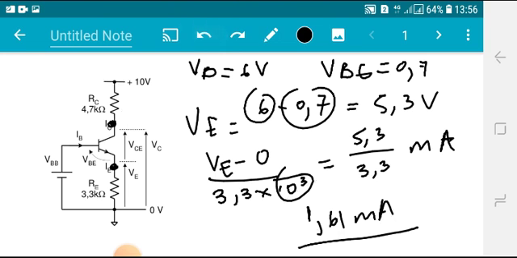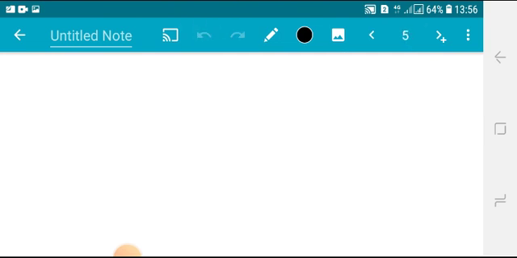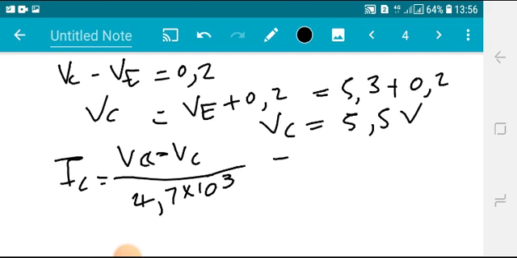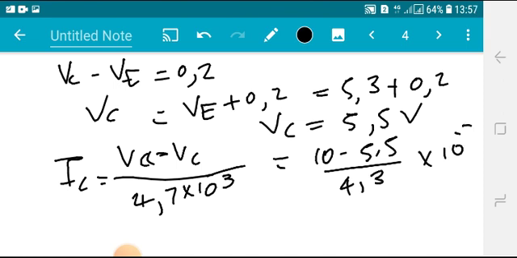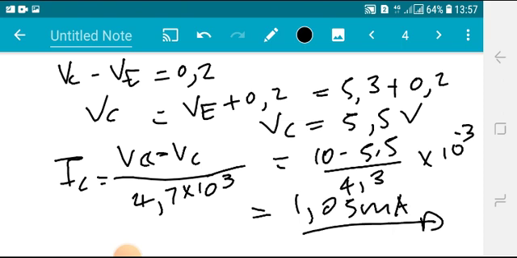Okay, makes sense. And so that should be 10 minus 5.5 over 4.7, and this should be, of course, in 10 to the negative 3. What do we have? We got something like 1.05 milliamps for the collector current, and it's in saturation mode.